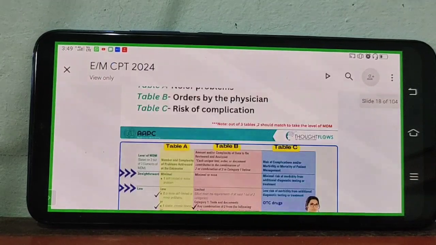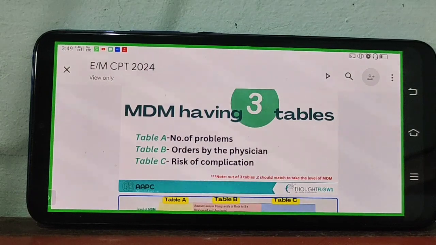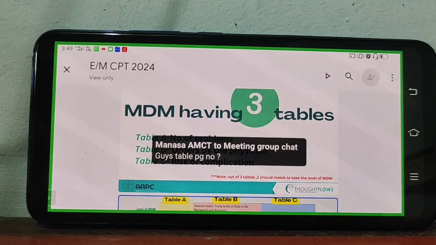So in MDM, we have 3 tables: Table A, Table B, Table C. Table A is for problems addressed. At the time of the visit, what are the problems the patient has? Cough, fever, cold, like that.